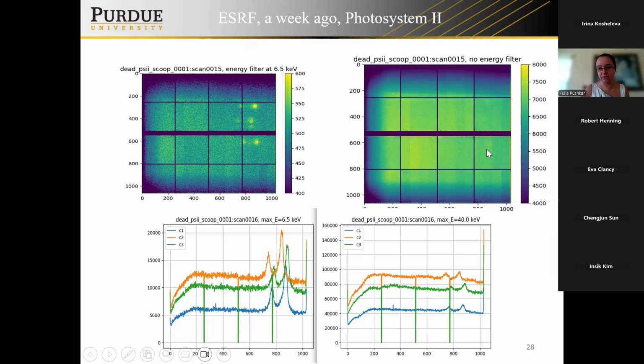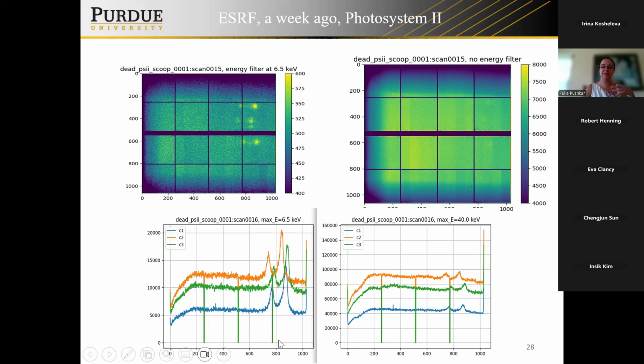So this is how the detector looks with no energy filtering, and this is how spectra look if you don't do any energy filtering. However, this is after energy filtering, where you say, I ignore all the photons which are above 6.5 keV. And it really works, so you see how much cleaner. You start to see your manganese of the PS2, and you start to see spectra on top of the background.